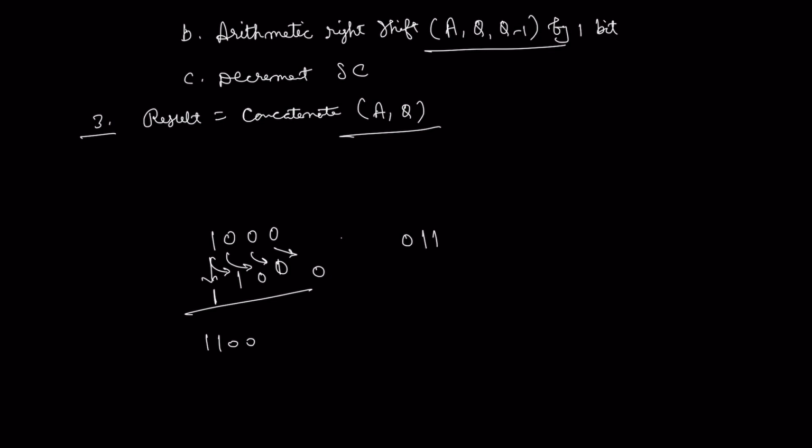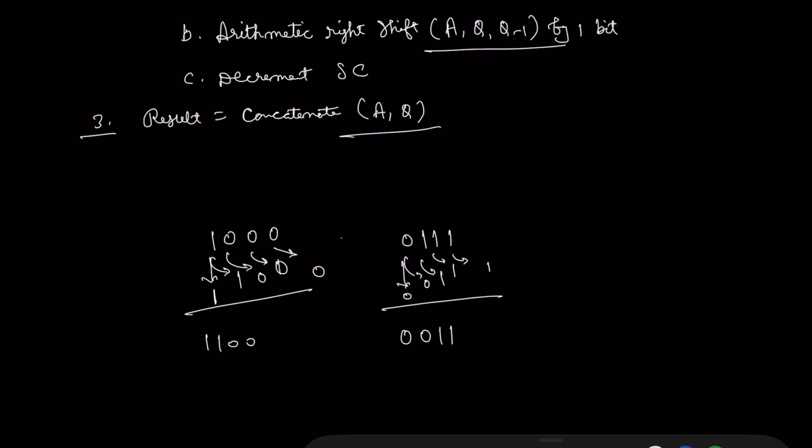If we consider 011, its arithmetic right shift will be 0011. So the sign bit stays as it is, and we just shift one bit to the right.